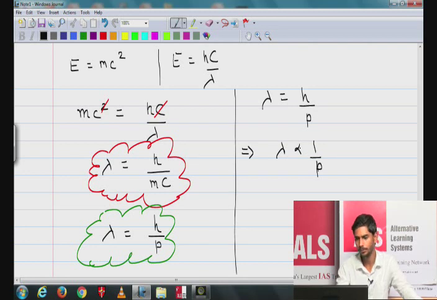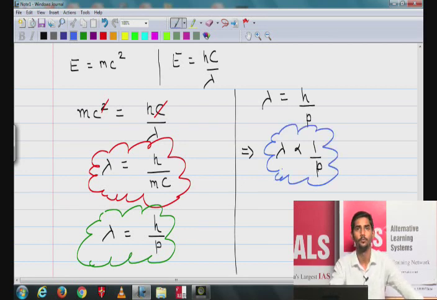If I remove this proportionality sign, then I will put a constant h over there. Now this is another important thing, that lambda is equal to h by p. P is the momentum.